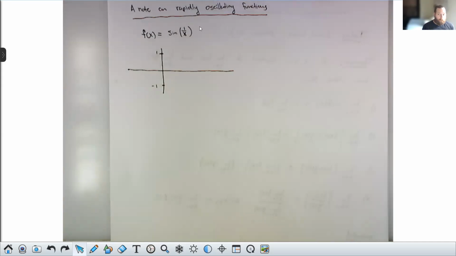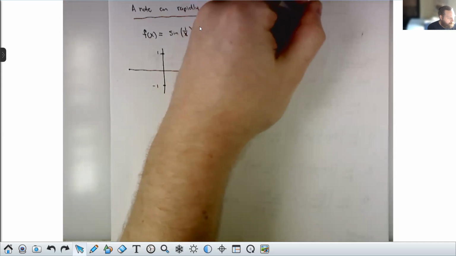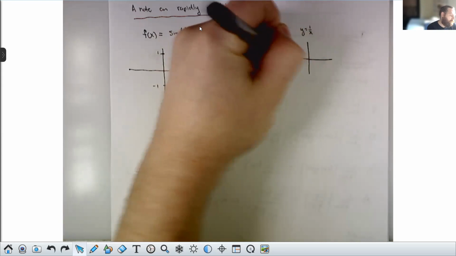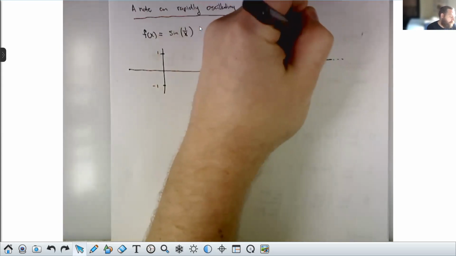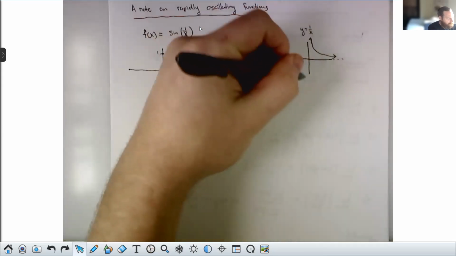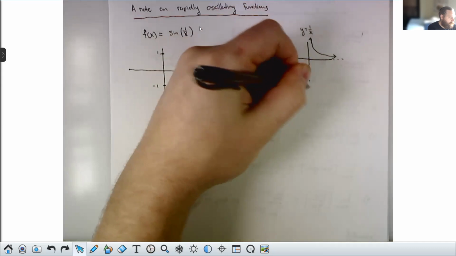Near 0, 1 over x gets really big. We talked about infinite limits before. Here, I'll sketch y equals 1 over x over here. We talked about those on Friday of last week. And as x goes to 0 from the right, 1 over x goes to positive infinity. As x goes to 0 from the left, 1 over x goes to negative infinity.